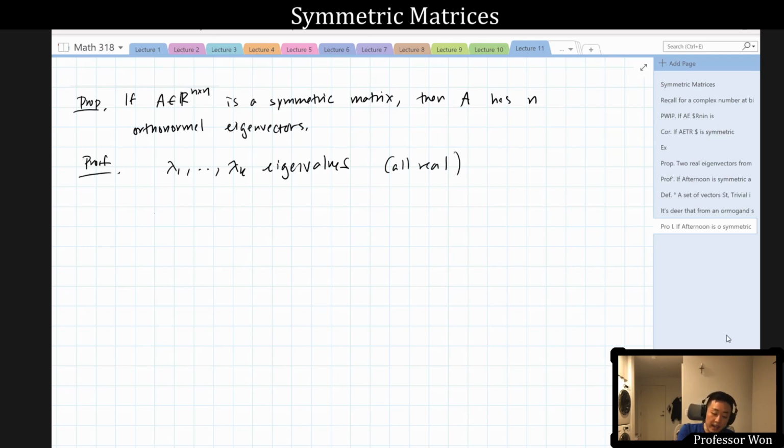Now, for each eigenspace, call it E lambda i, you know that it has the correct dimension. The dimension is equal to the algebraic multiplicity.